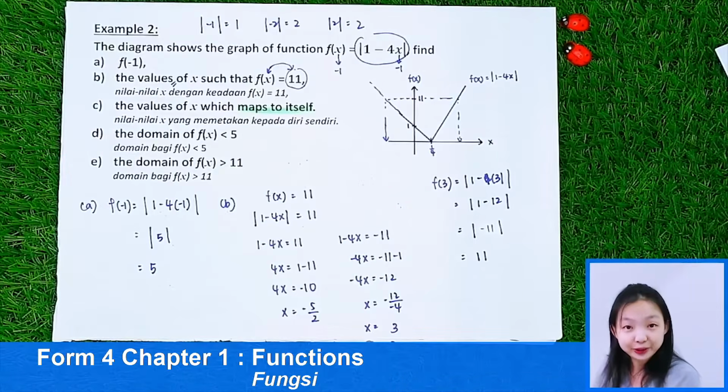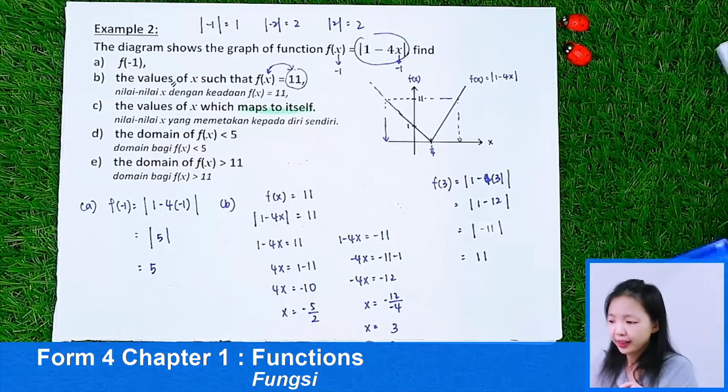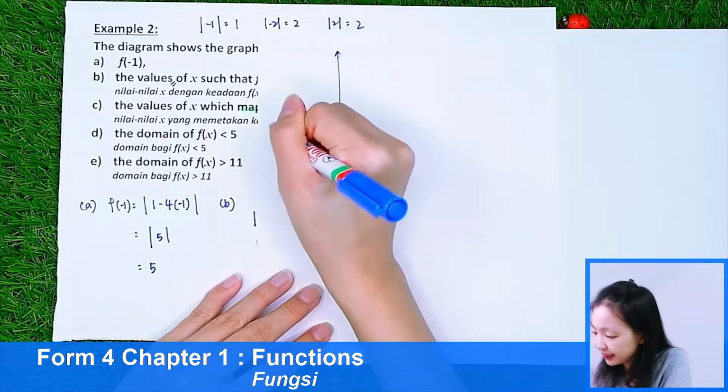Okay, let us go to part D. The domain of f(x) smaller than 5. What does it mean? Okay, let me show you. The graph is this.